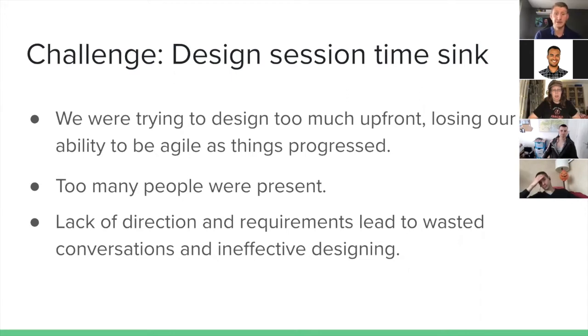And also reduce the amount of people that were in there. 6 seemed to be a good amount. Sometimes we had 10, 11, 12, and it just wasn't working for us. So these rules, we abided by them, and these sessions have become a lot more valuable over the years. And it doesn't mean that other people can't get involved. We just produce something at the end, and then we share it with the wider team afterwards, and they can critique it in their own time, in more of an asynchronous way.